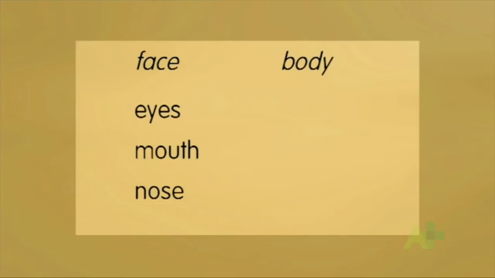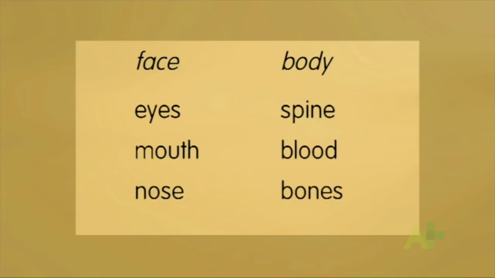You should organise the words by association. For example, you could begin with the face and remember all the words that relate to the face: eyes, mouth, nose. Then you could work on the body and all the words that go with it: spine, blood, bones. And then you can do this for the head, the legs, the arms.